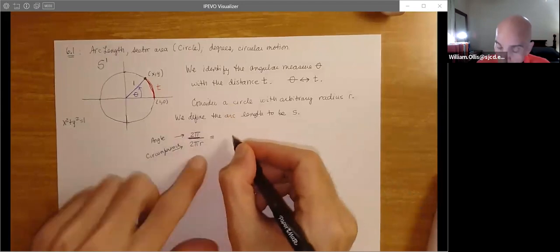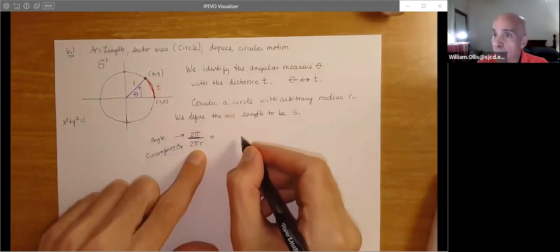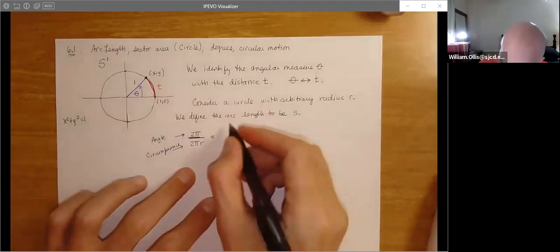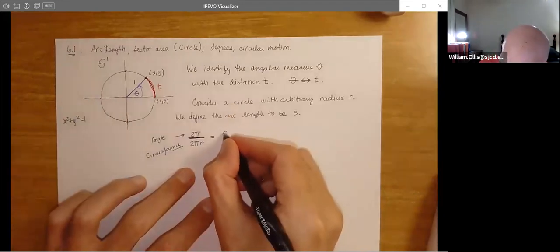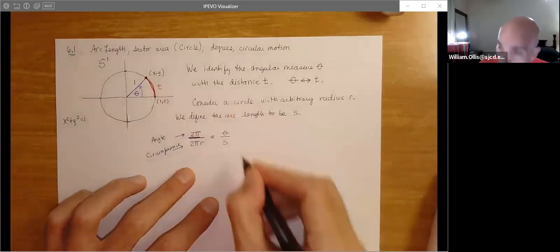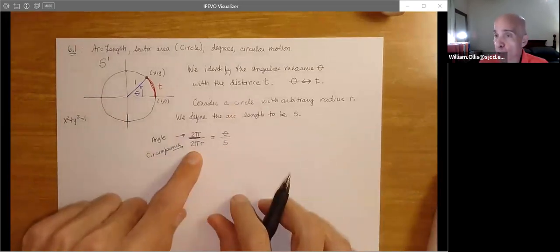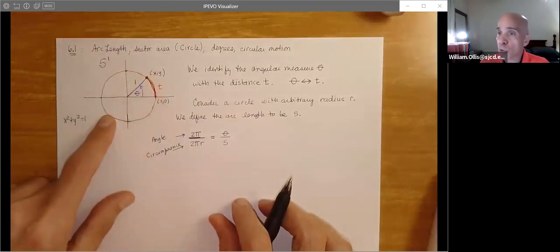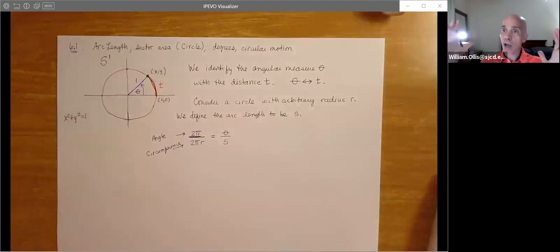So now this ratio must be maintained because we're working with a Euclidean circle. So if we have an arbitrary angle theta now with the arbitrary arc length S, this proportion must be maintained because again, we have a Euclidean circle, and as we broaden out or compress, so to speak, we're still maintaining that ratio because we're not deforming the circle.